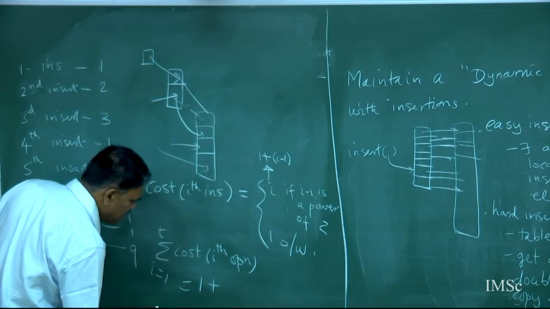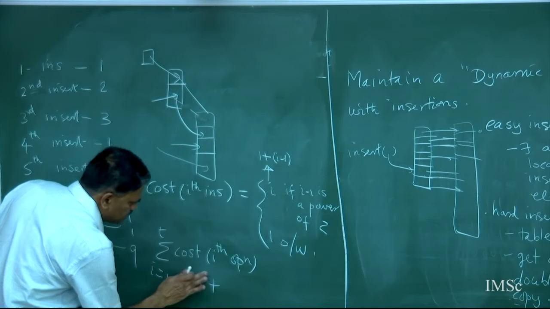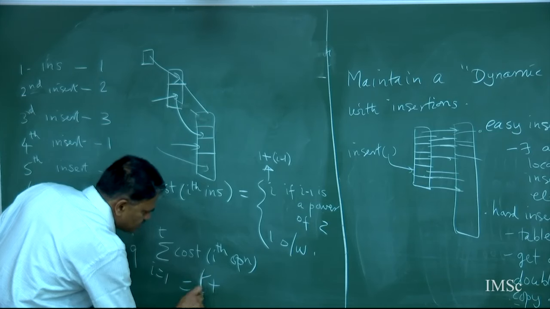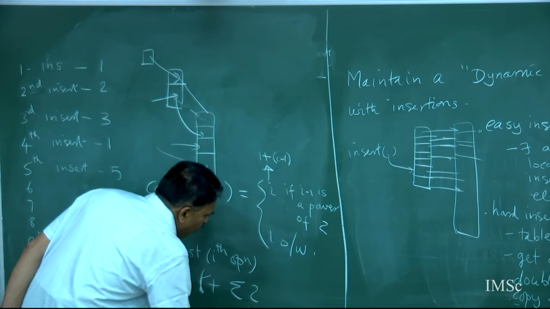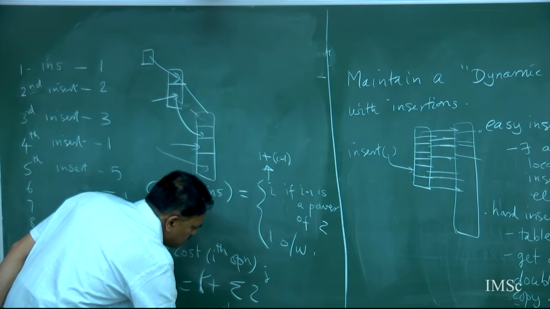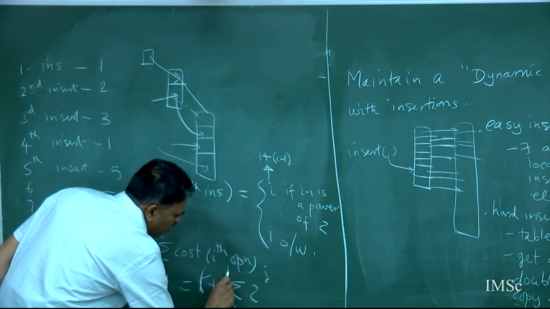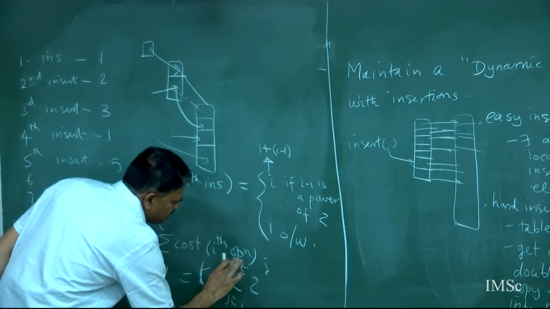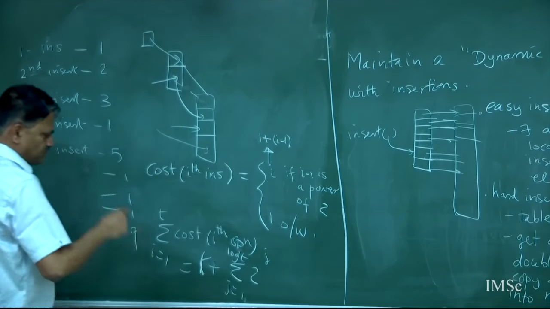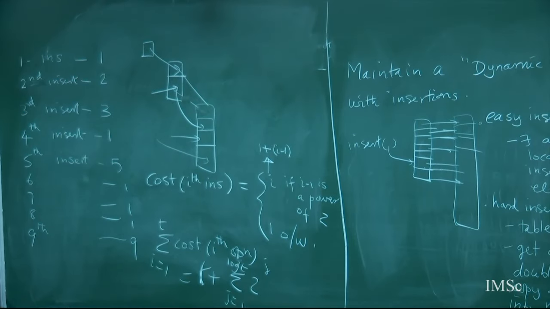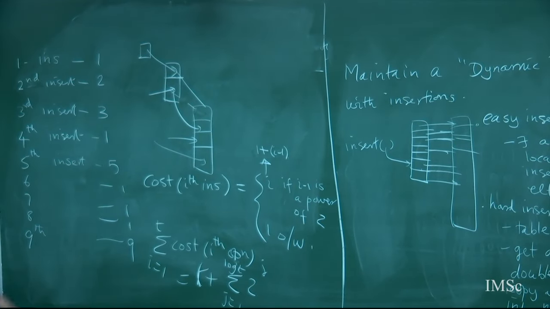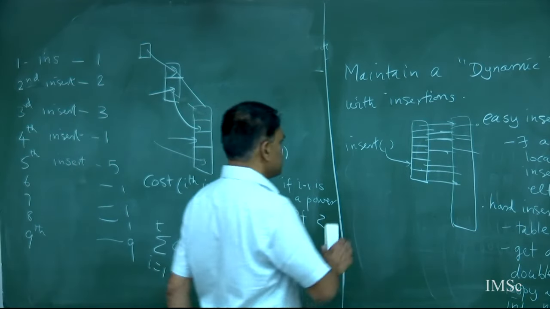So it is simply t plus the summation of all the powers of 2 up to log t, because I'm doing t operations. So how much is it? A geometric series.